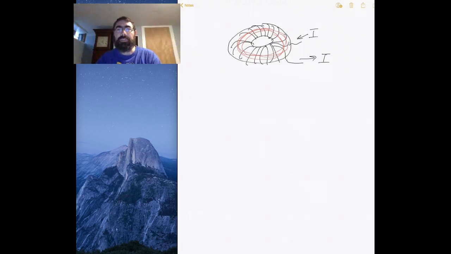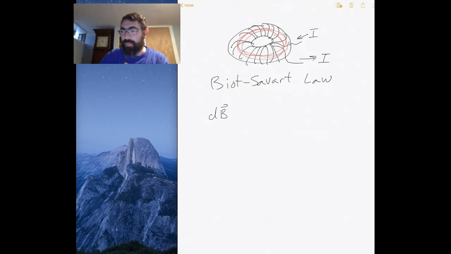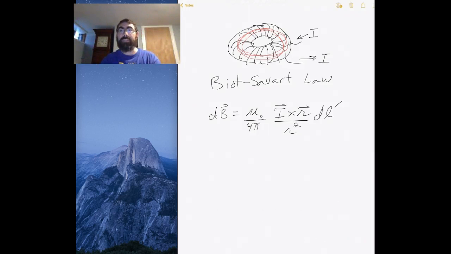So to find the direction of the magnetic field, which I hinted was probably circulating inside the tube, we can start with the Biot-Savart law, which basically says that this differential of magnetic field is equal to mu 0 divided by 4 pi, the current, which the book gives a direction to, crossed into the radial direction, divided by script r squared, and then dl.